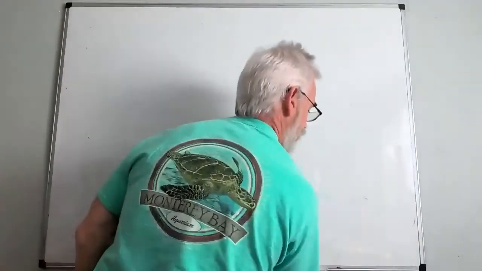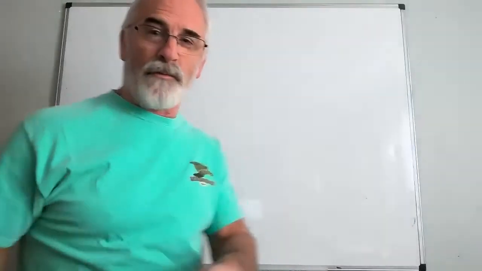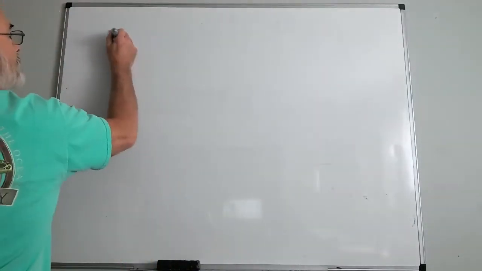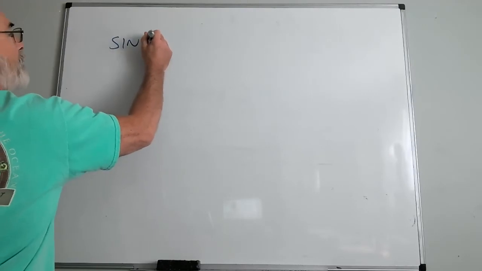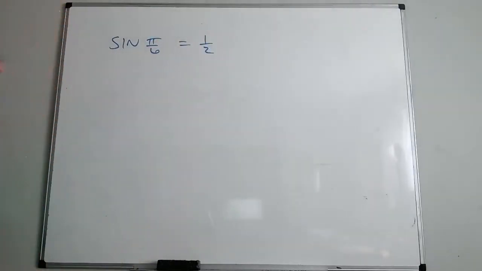Okay, so let's remind ourselves of some of the rules. Sometimes we forget the rules, so I want to remind you. If I said sine of pi over 6, that equals a half. We all agree with that, hopefully.